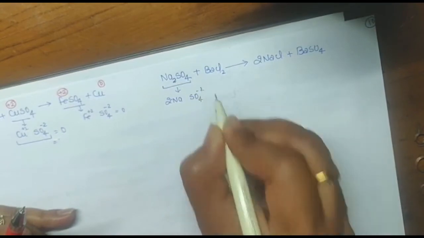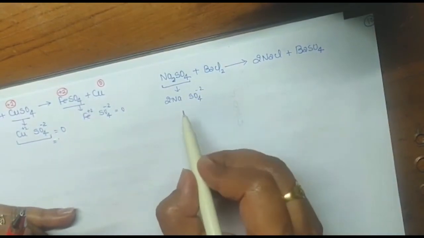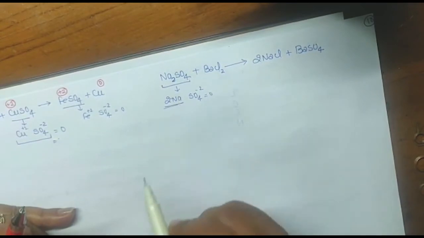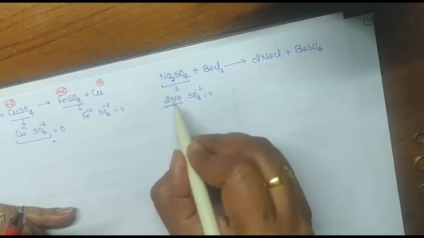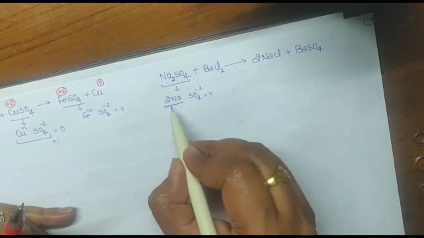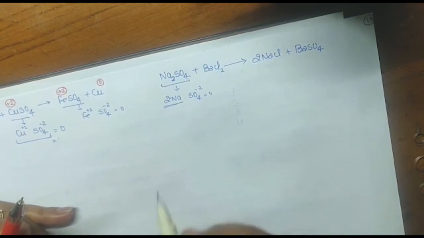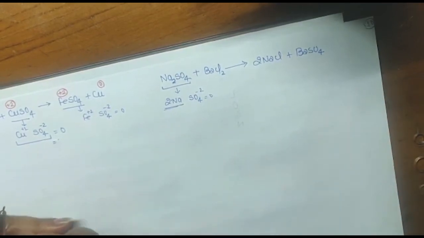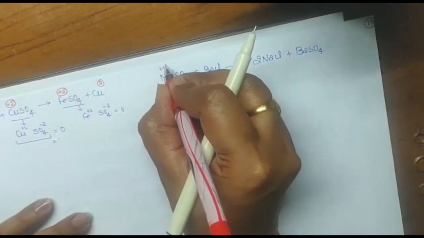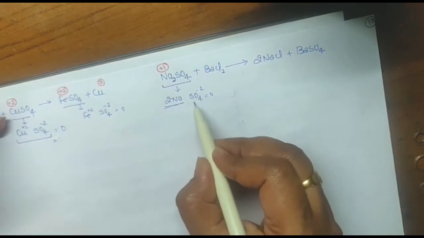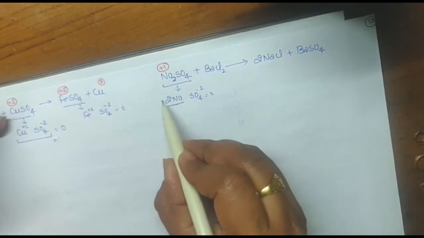SO4 is -2, so to make it 0, 2Na should have +2 charge. If 2Na has +2 charge, what will be the charge on one sodium atom? It will be +1, so we write +1 over here.